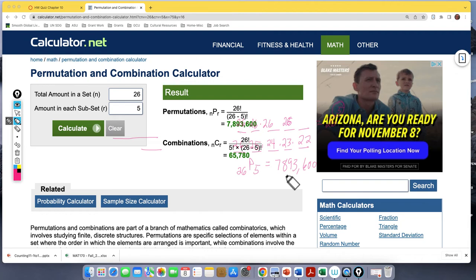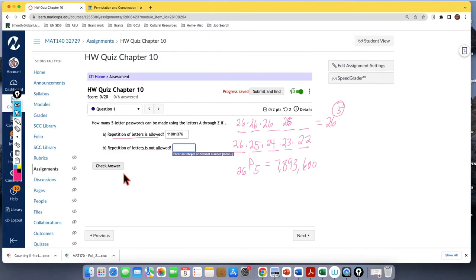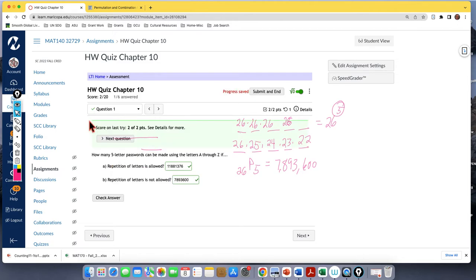It should be, I thought I said, yours might be 4, mine was 5, I think. But it was 4. 5-letter password, a 5-letter password. Okay. And so 7,893,600. Let me check our answer. Got them right. Okay, does that make sense?